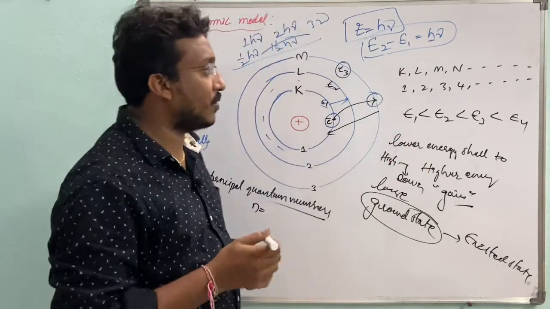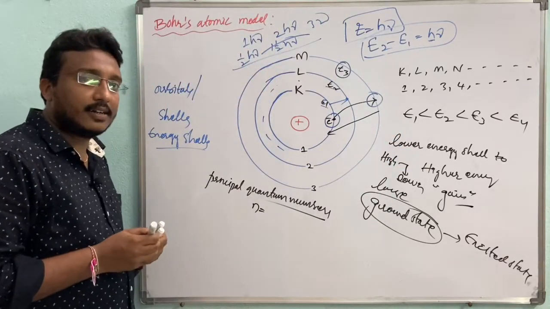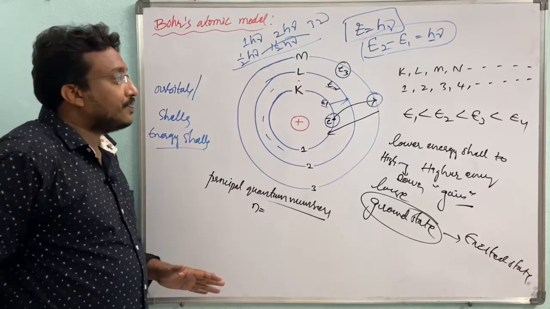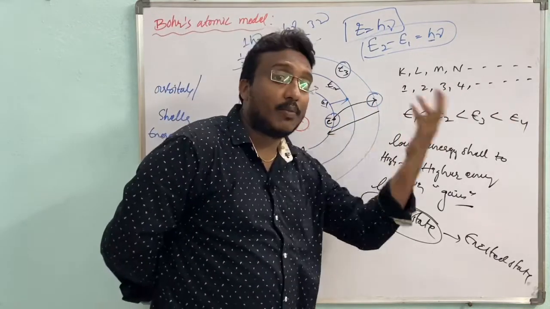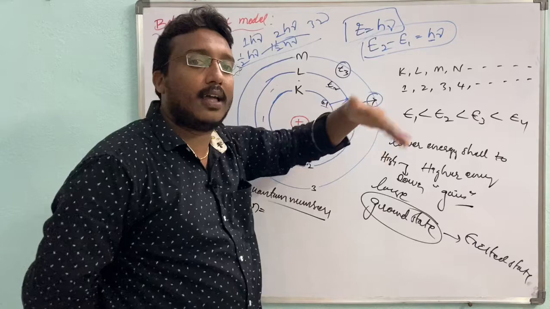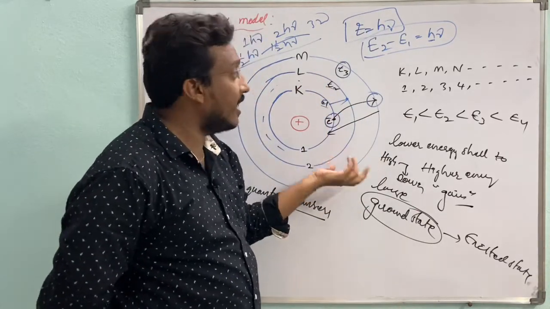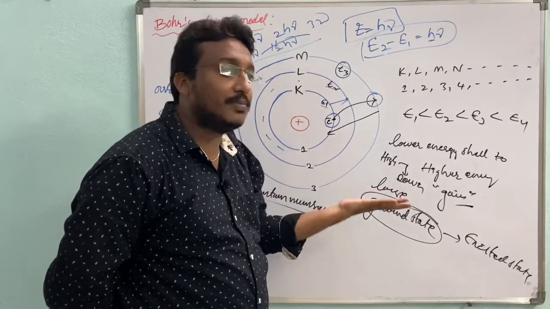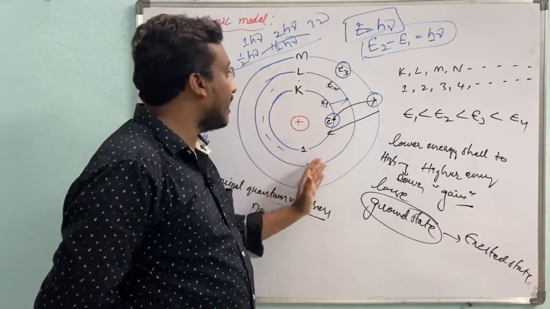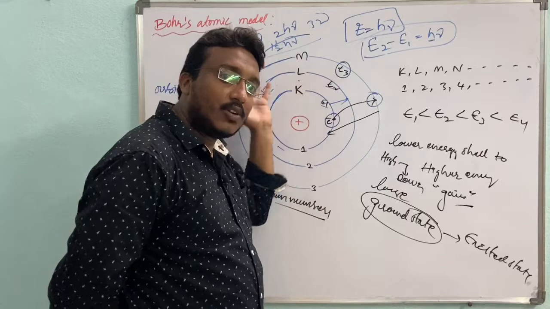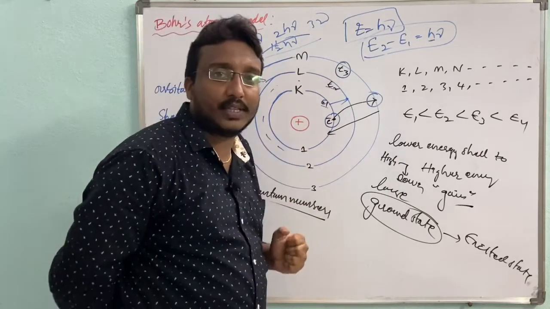Rutherford was unable to explain why an object revolving continuously does not lose its energy. Bohr said the electron will not lose energy because it always revolves in a discrete path.